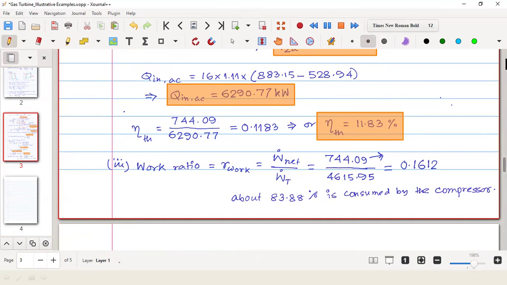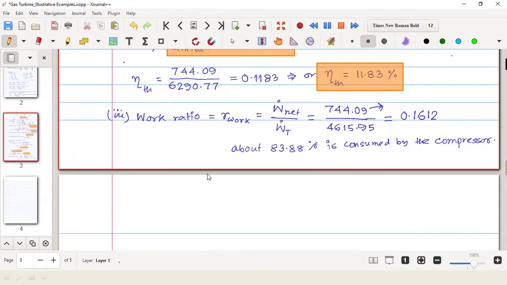So that is one observation additionally. Next, this is up to the end of the problem. So according to the requirement of the solution of the problem, this much is needed. Now, additionally, we may determine the theoretical efficiency or theoretical air standard efficiency for this plant.